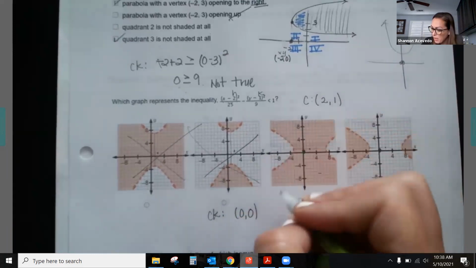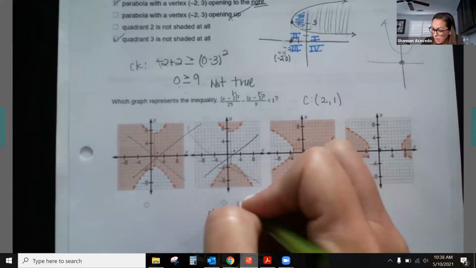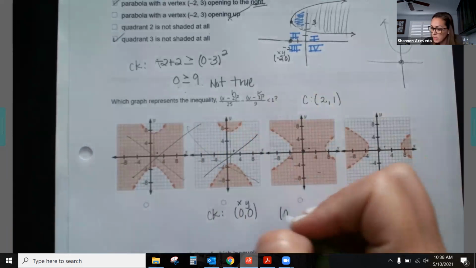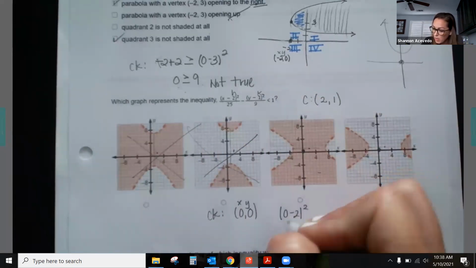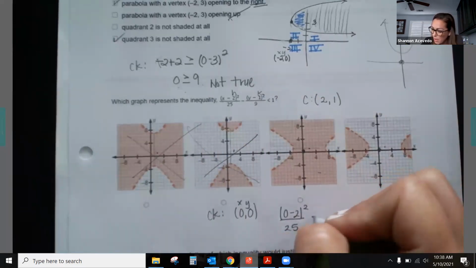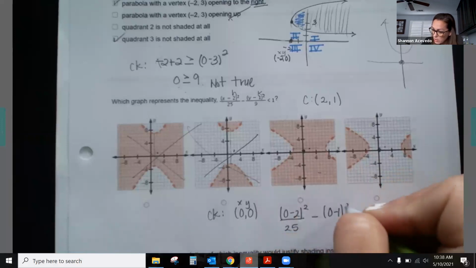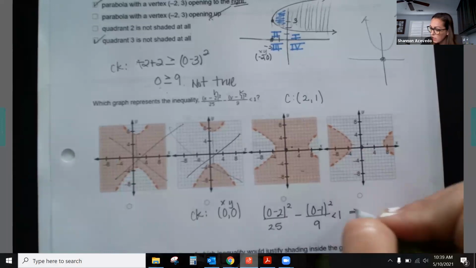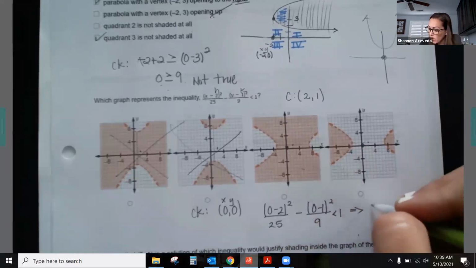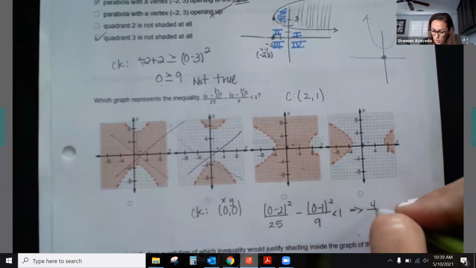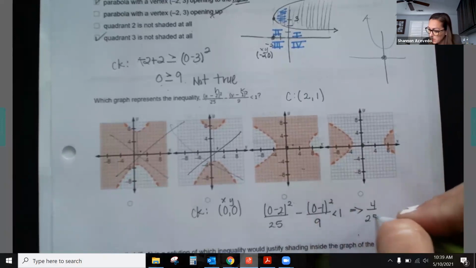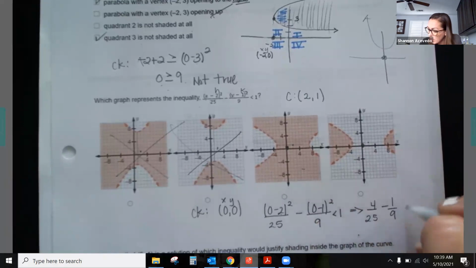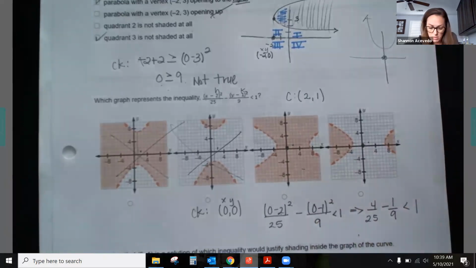So I'm going to plug it in. This is my X and my Y value that I'm plugging in for X and Y. So it's (0 minus 2) squared over 25 minus (0 minus 1) squared over 9 is less than 1. So 2 squared is 4. So 4/25ths minus 1/9, is that less than 1?